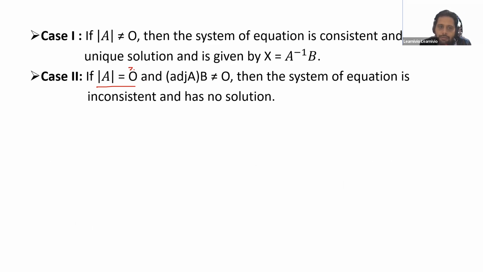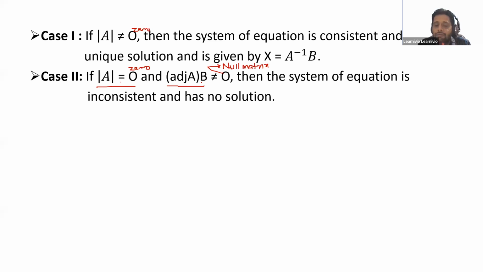If the determinant of A is equal to 0, in that case, you will find adjoint of A into B. You already know how we can find the adjoint of A. If the determinant of A is equal to 0, then we find adjoint of A into B, and if that is equal to a null matrix, this one.